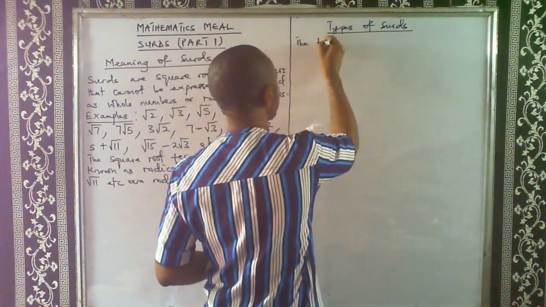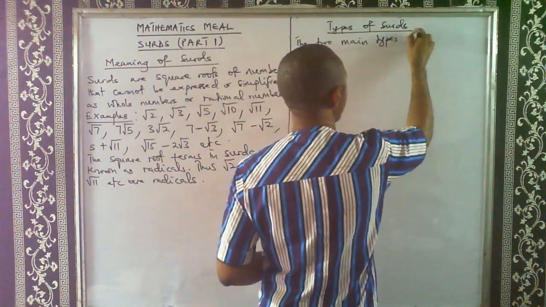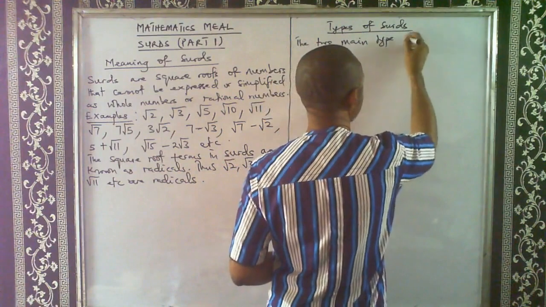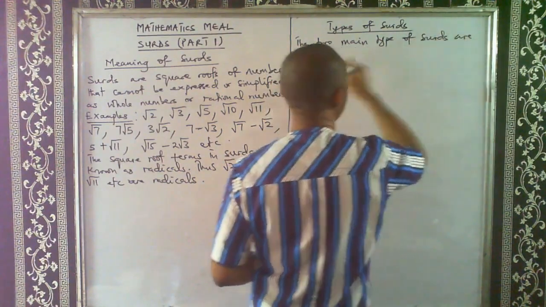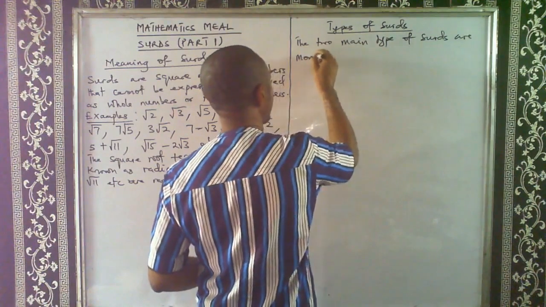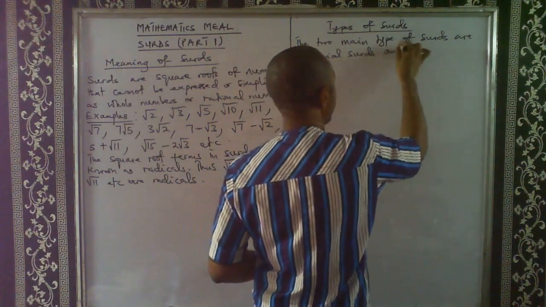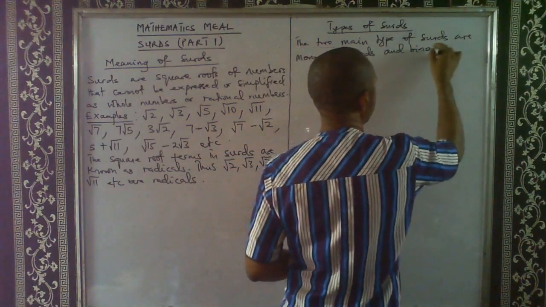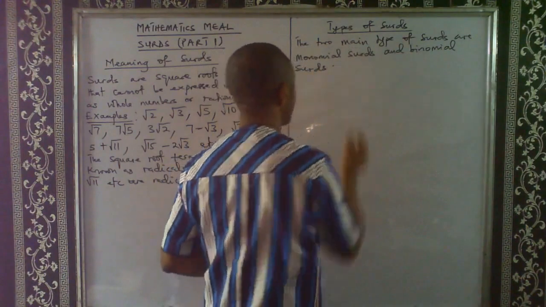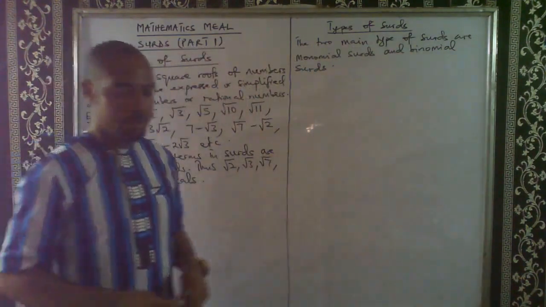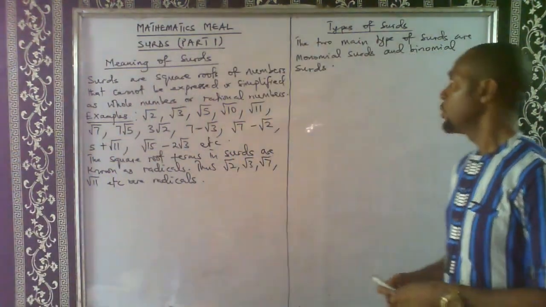The 2 main types of surd are monomial surd and binomial surd. So these are the 2 main types of surd, the monomial surd and the what? And the binomial surd.